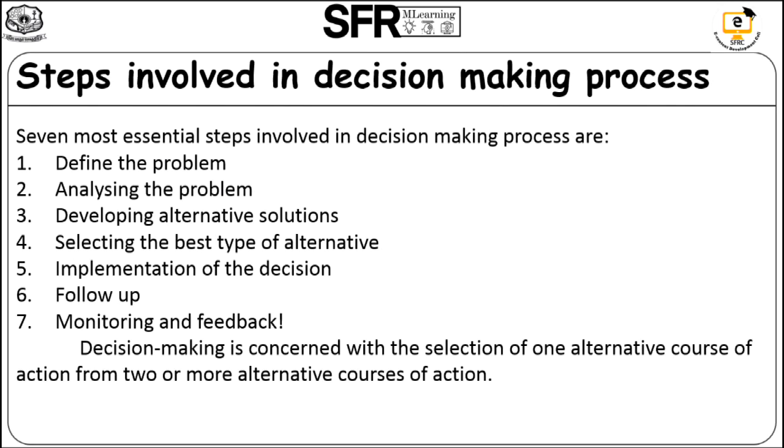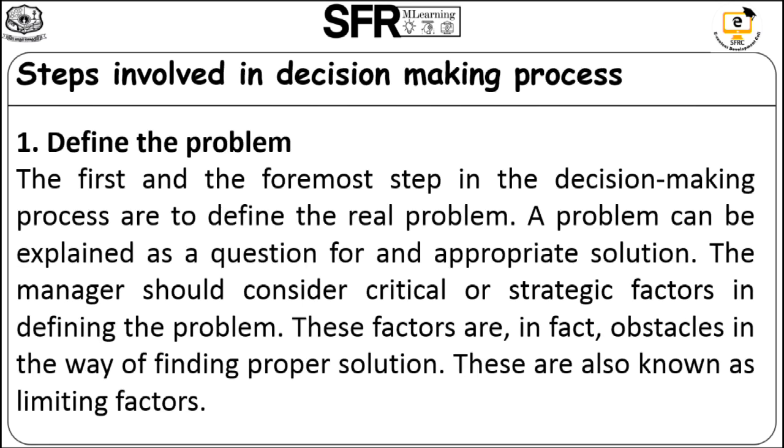The seven most essential steps involved in decision making process are: define the problem, analyzing the problem, developing alternative solutions, selecting the best alternative, implementation of the decision, follow-up, monitoring and feedback. Decision making is concerned with the selection of one alternative course of action from two or more alternative courses of action.